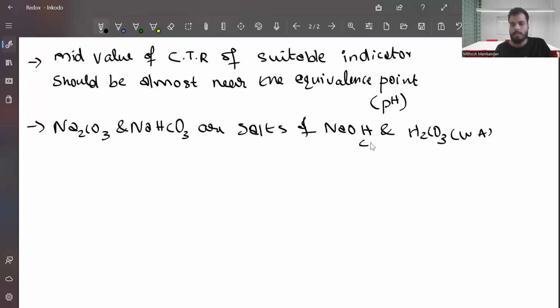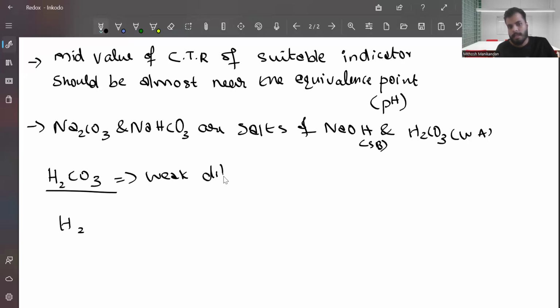NaOH is a strong base, right? So let's see what happens here. We need to understand how H2CO3 acts as an acid. So let's talk about H2CO3. H2CO3 is a weak dibasic acid.